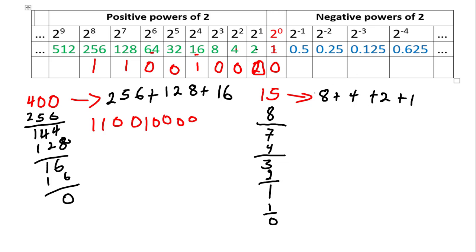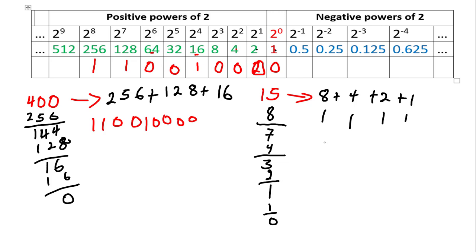So 15 in binary is, we have 8 and then 8, so that will be 1. 4 and then 4 in the table, 1. 2, 2, 1. We have 1 and then 1, that will be 1. So 15 in binary is 1111.